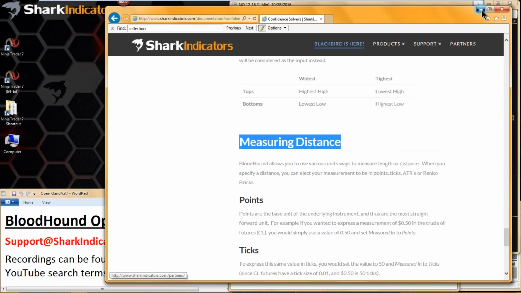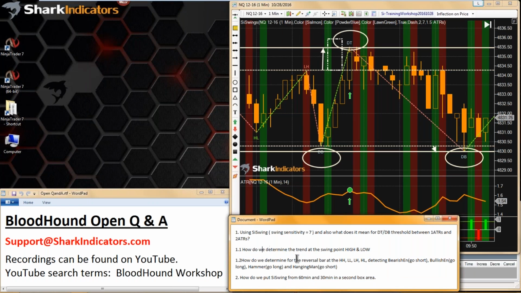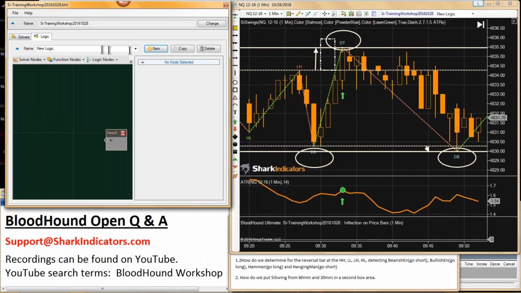Okay, so let's get to question 1.1. How do we determine the trend at the swing point high or low? All right, let's see, what should we call this?